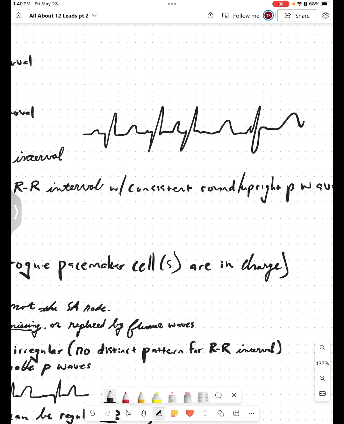These are not far apart, and not that different from one another, but they do have a difference in interval. These are not at the same cadence. They are different, as opposed to something with a normal, regular R to R interval.